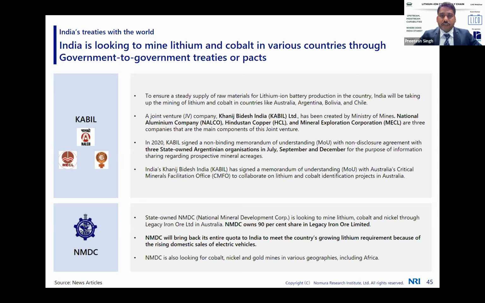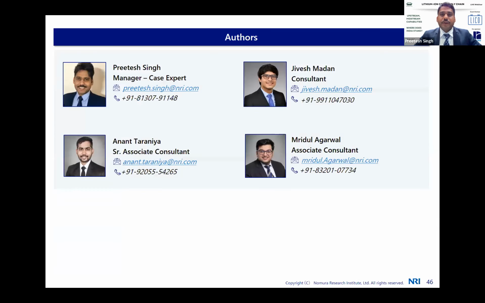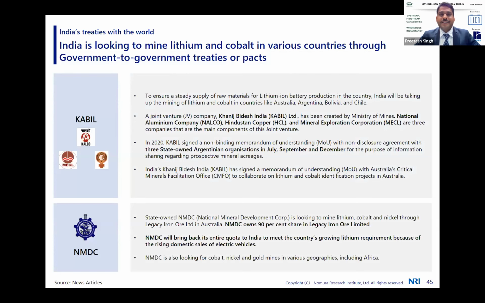India has set up a joint venture company, Khanij Videsh India, created by the Ministry of Mines. That is a very good plan, and other plans are also from NMDC. Once these G2G collaborations pick up, India is going to solve such challenges.